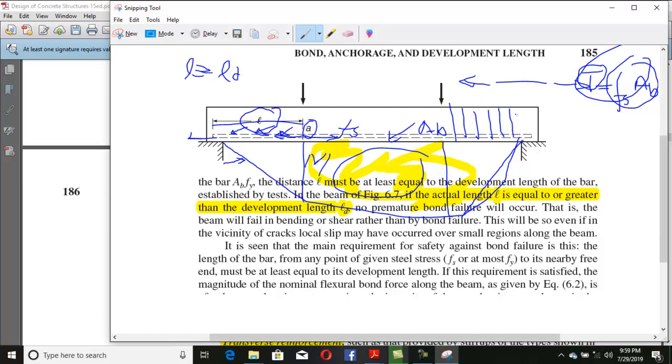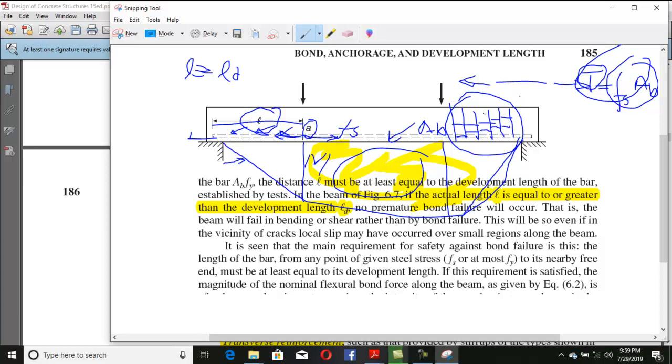Now the confinement action of these stirrups plays a very vital role. You will see the effect of this confinement in the formula of development length. If the spacing of these stirrups is less, your development length will be less. If it is maximum, your development length will be maximum.